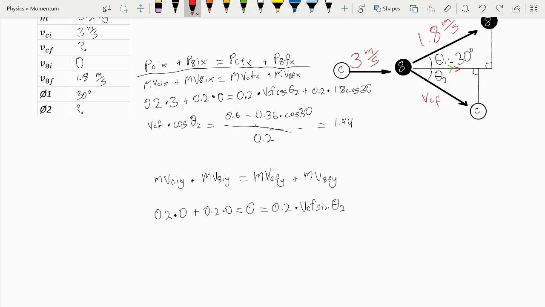Oh, sorry, that shouldn't be pointing up, that should be pointing down. The y component part of this is the sine multiplied by VCF of theta 2, because it's the opposite side. And that's added to 0.2 multiplied by the velocity of the 8-ball finally in the y direction.